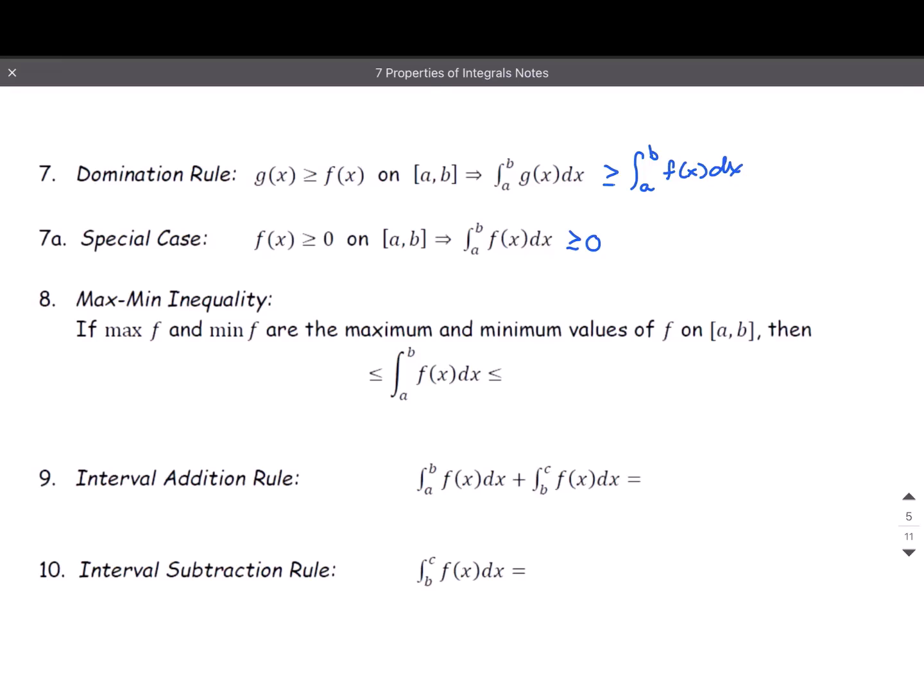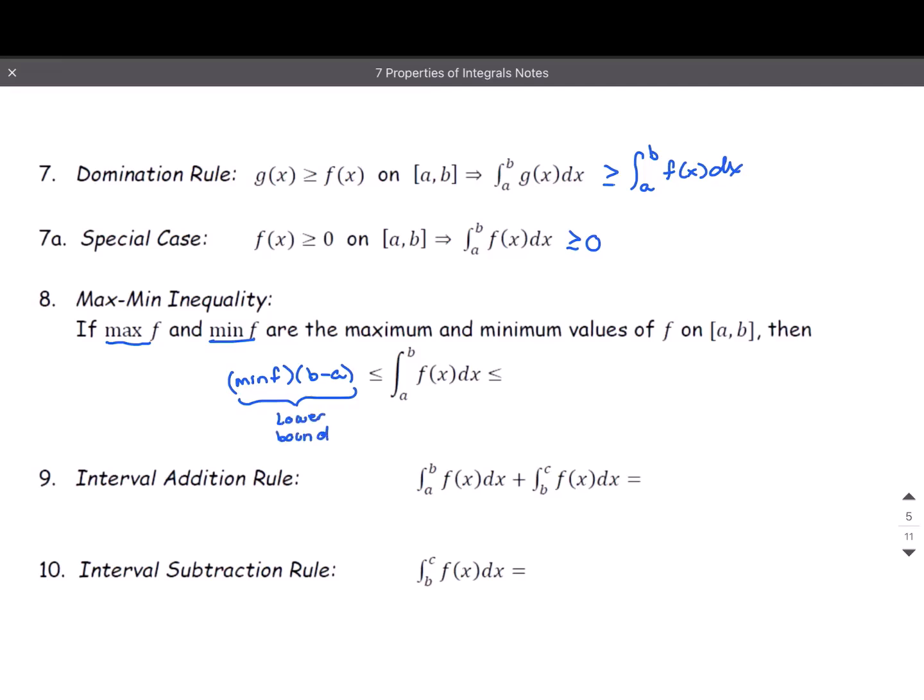Next one is the max-min inequality. And we don't use this very often, but it's nice to know that an integral has an upper bound and a lower bound. So if we let max f and min f be the maximum and minimum values of f, then that minimum value times the length of the interval, b minus a, would be a lower bound for the value of the integral.